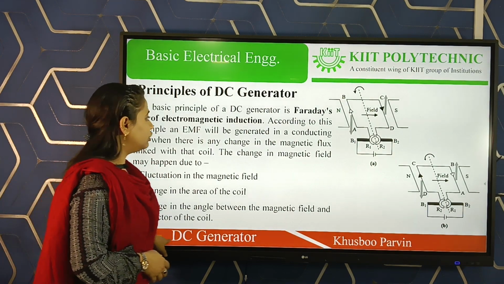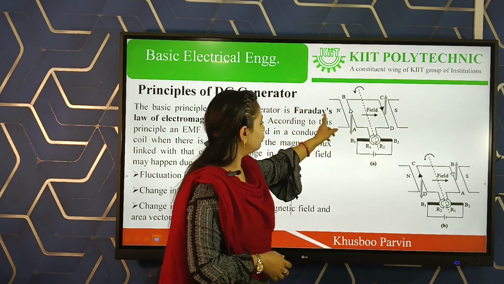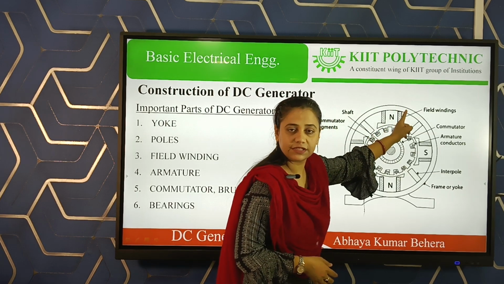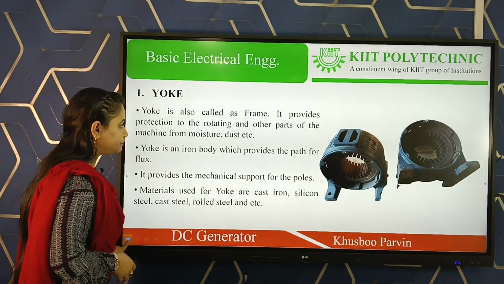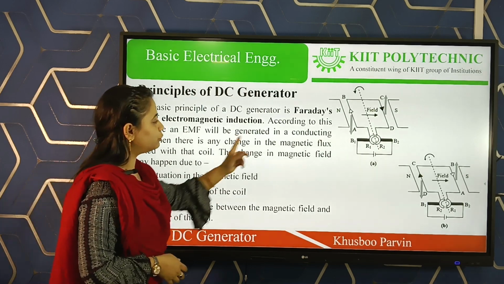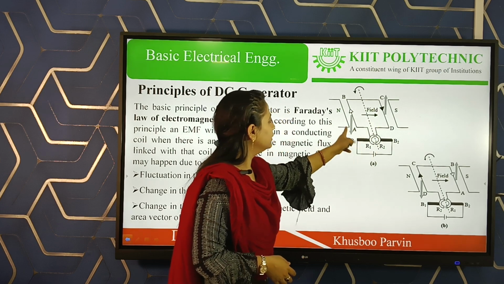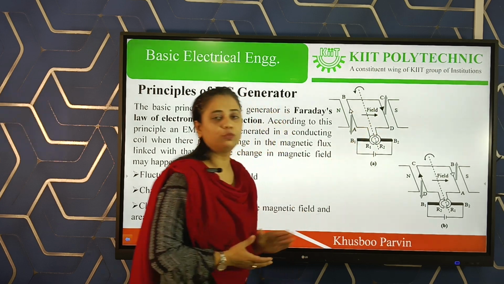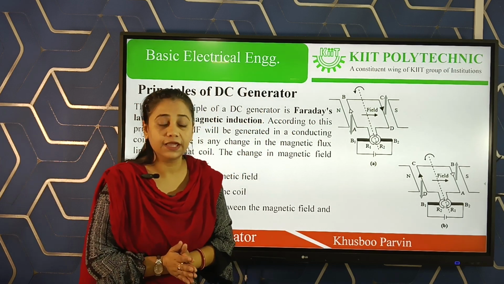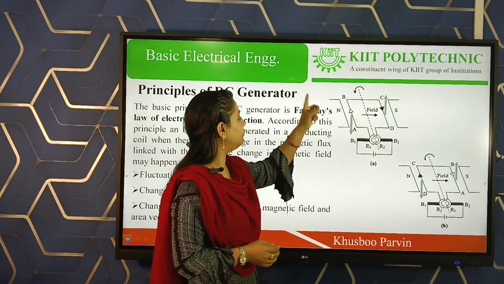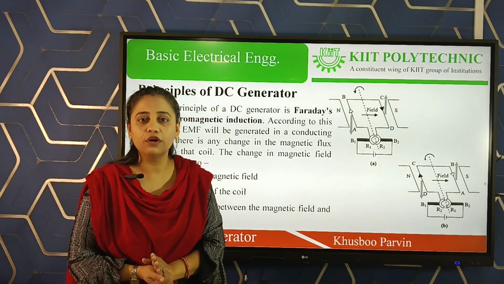Here you can see the North Pole and South Pole. In between the North Pole and South Pole, magnetic flux is there, going from North Pole to South Pole, and a coil is placed in between them. This conductor placed between the poles comes in contact with the magnetic lines of force.